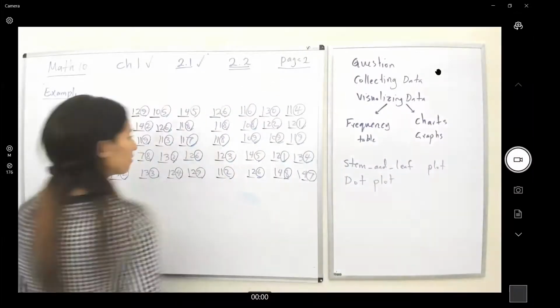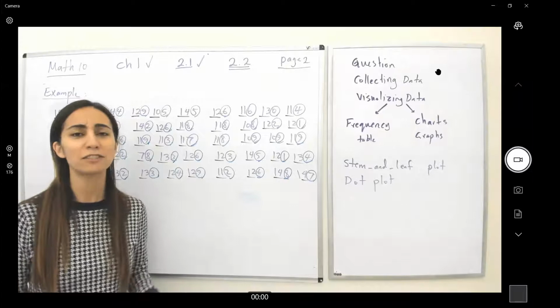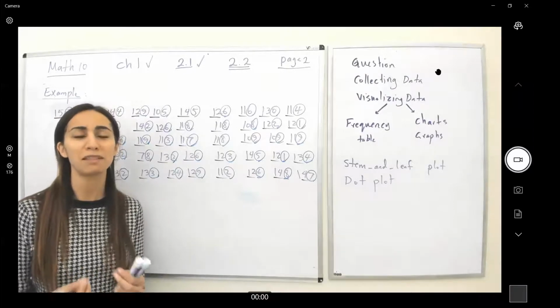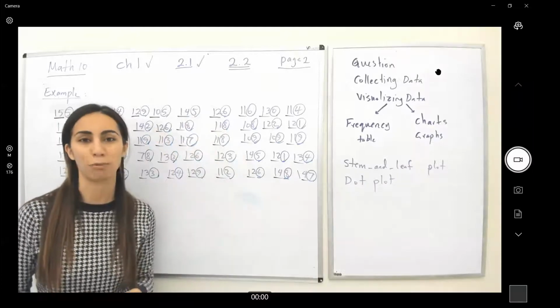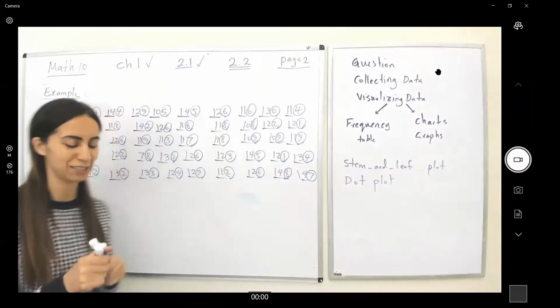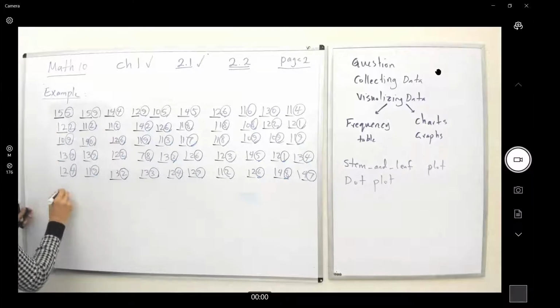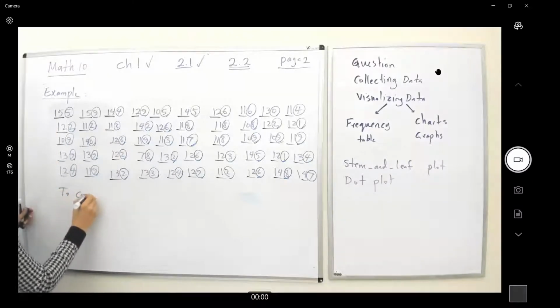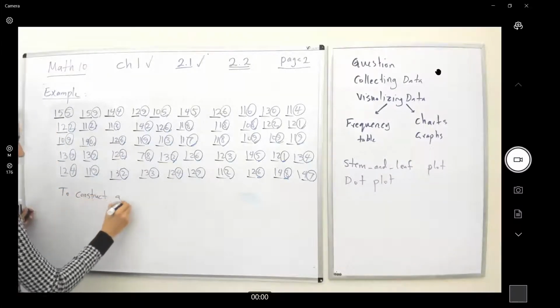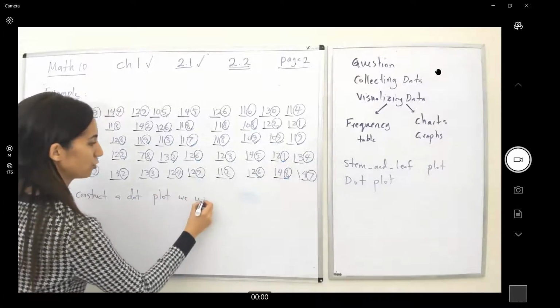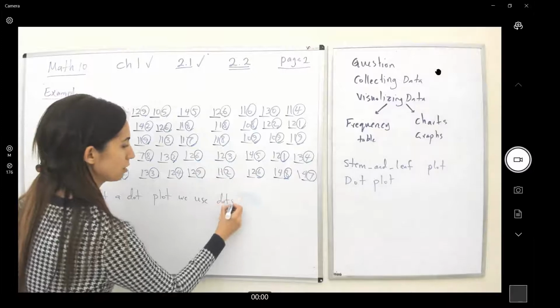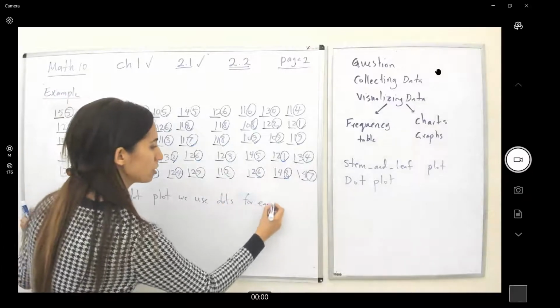So when we have a dot plot, it's very simple. It means that you just use a dot representing these numbers. How do we do that? To construct a dot plot, we use dots for each value.